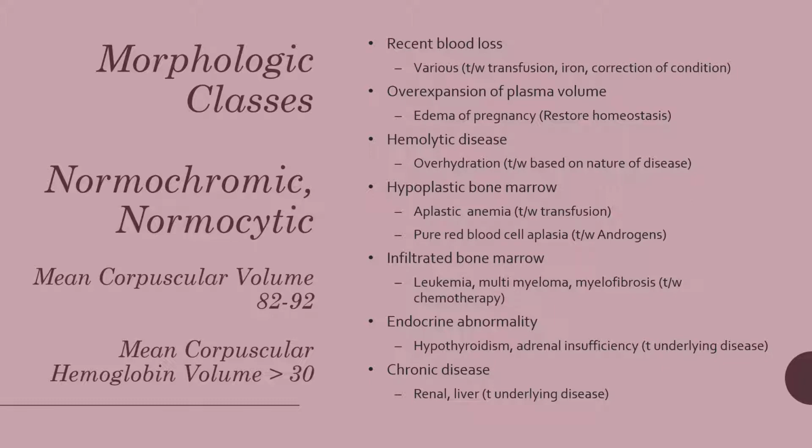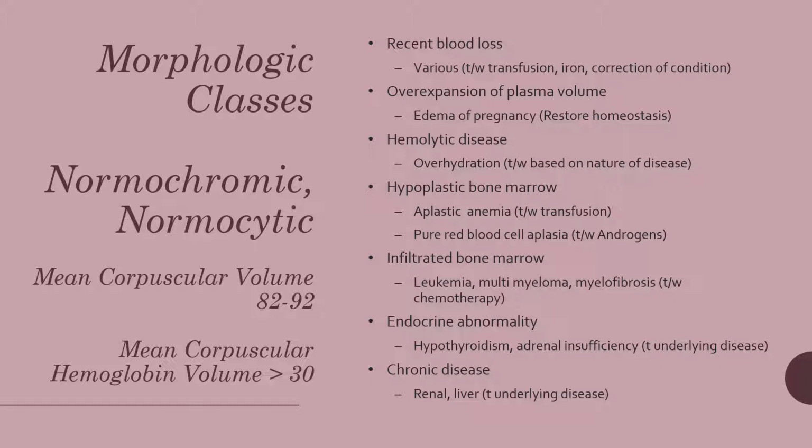All right. Is something happening that is actually causing an overexpansion of plasma volume? This is something we see fairly commonly. And so it turns out that edema is just diluting the blood with extra fluid.